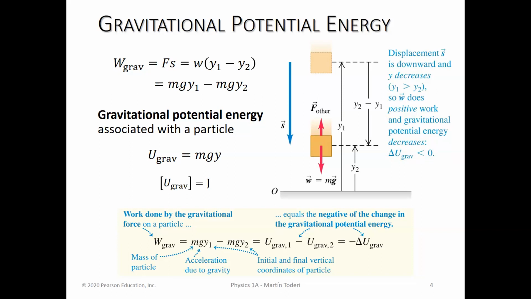Just bear in mind that in this case y1 is bigger than y2, right? So normally we would do y2 minus y1, but we would get a minus there, and it would switch the sign, and see that the displacement that we're considering is pointing down, so it's going from top to bottom, right?